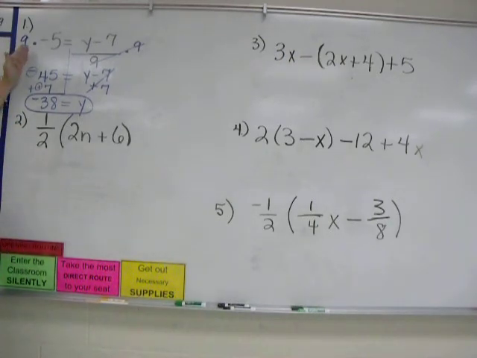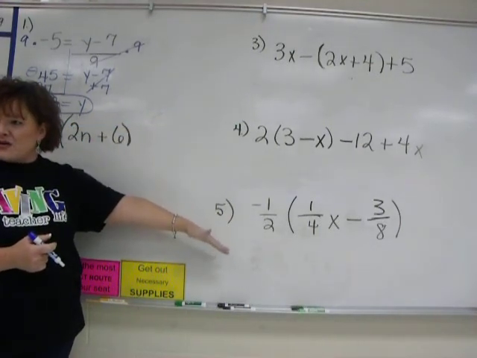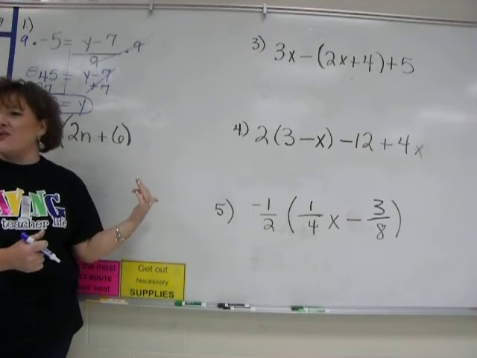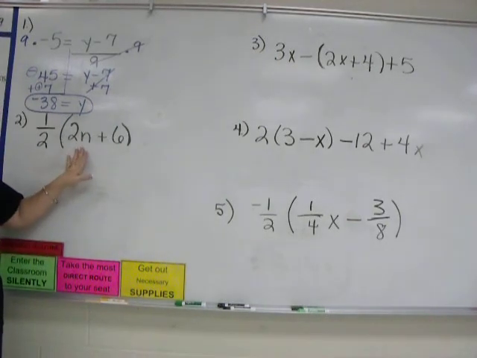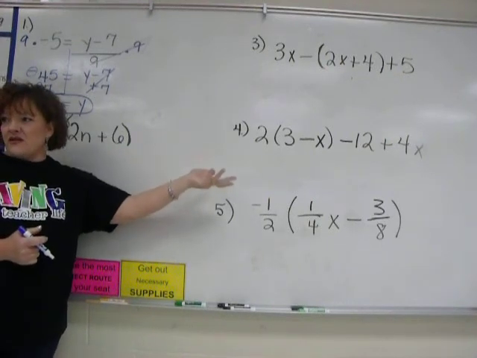Now, this is the only one you can solve because it's the only one with an equal sign. All the other ones, all you can do is simplify it. Now, if it doesn't have an equal sign, the only way you can solve it is if this one would have said for n equals negative 8.